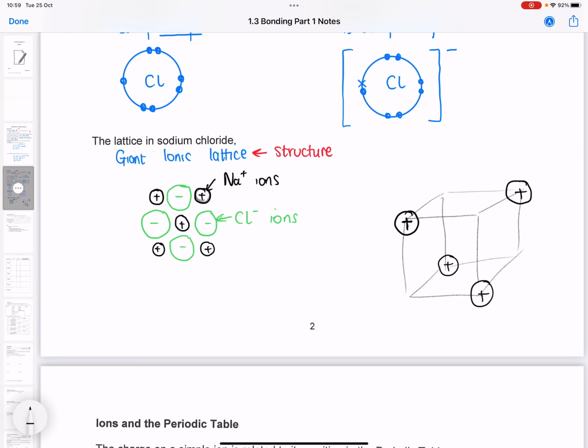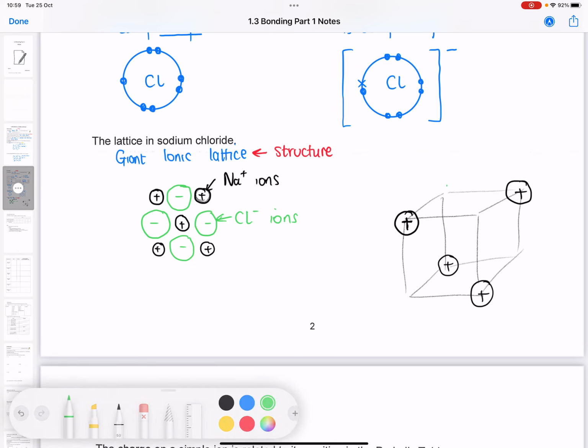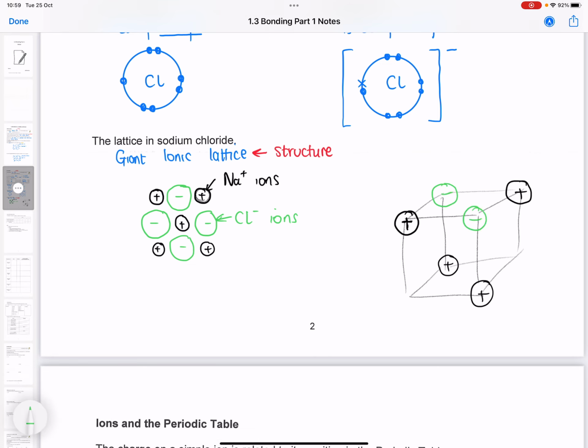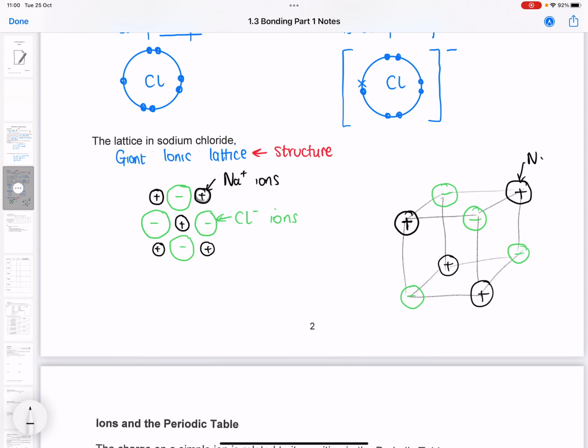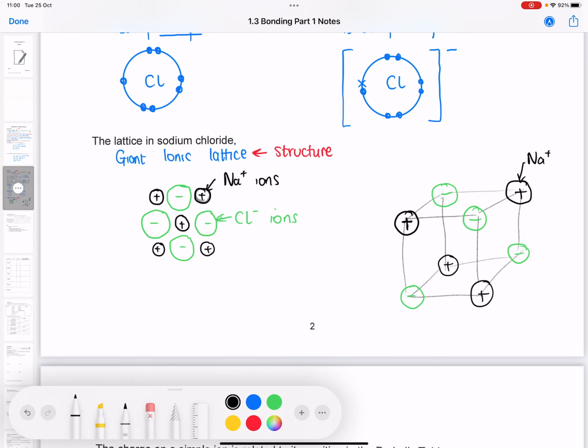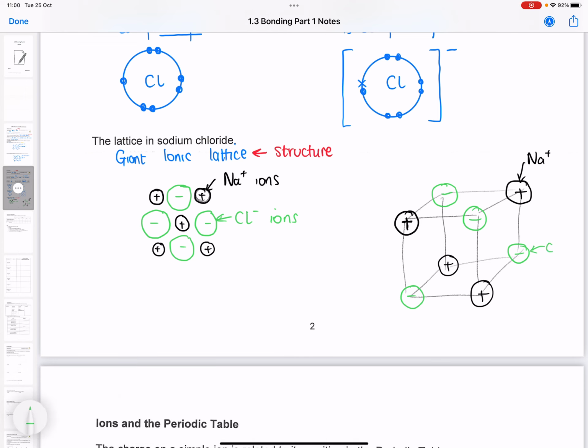So in a 3-dimensional arrangement, we can see that each positive ion, so each Na plus, is actually surrounded by 6 Cl minus ions.